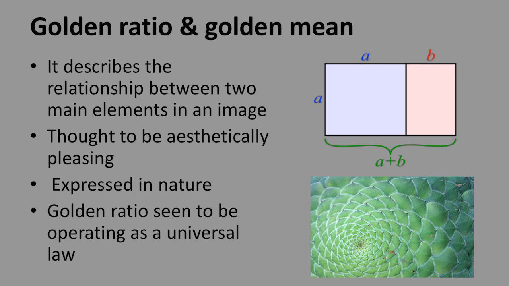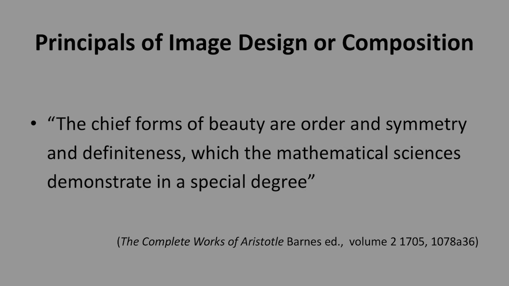The ratio has been found and seen as a universal law in nature. Golden ratio is associated with golden mean or golden section. Golden mean is a term from ancient Greek philosophy which describes the middle between two extremes. The ancient Greeks, especially Aristotle, thought that there were three attributes to beauty.